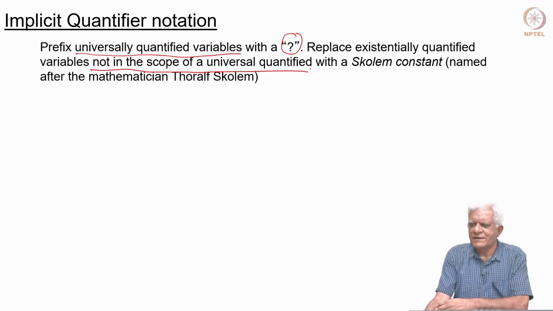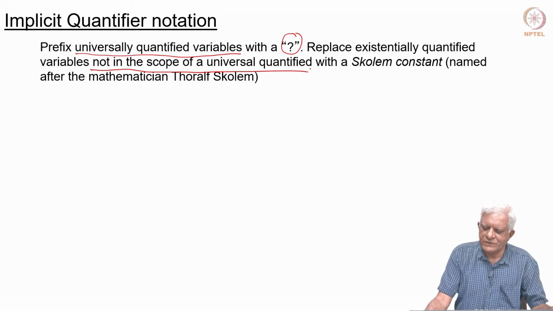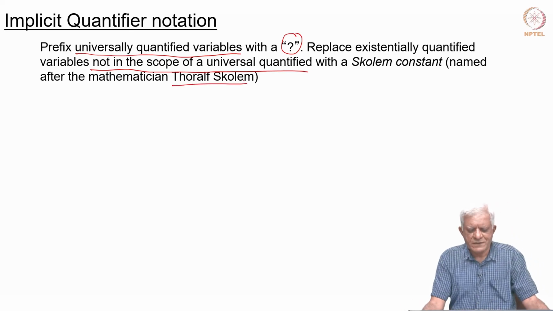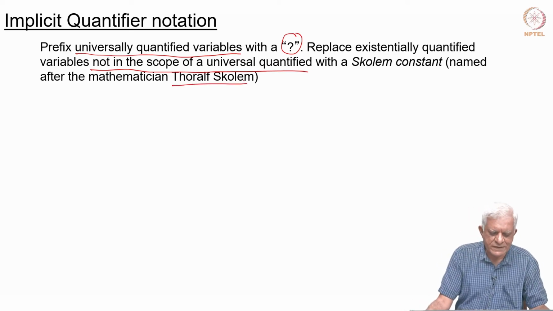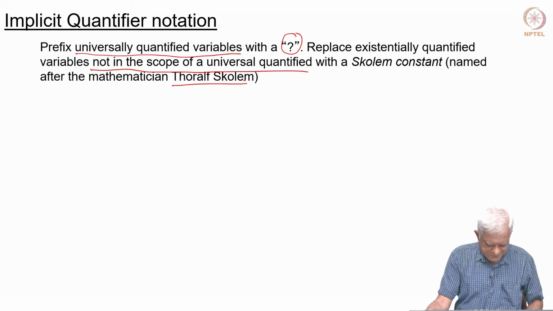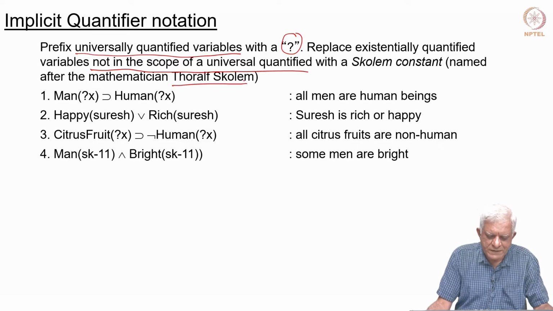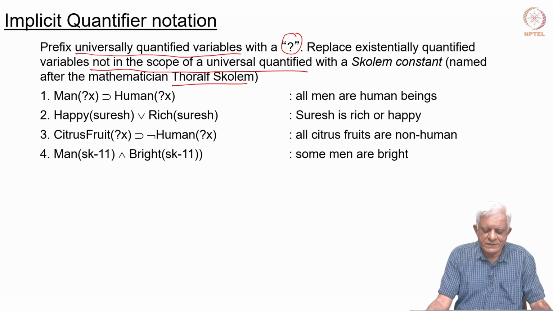We just find a way of inventing new names and use them as constants essentially. They are called Skolem constants because of the logician Thoralf Skolem, who first gave us this idea. Notice that I use the terms mathematicians and logicians interchangeably.